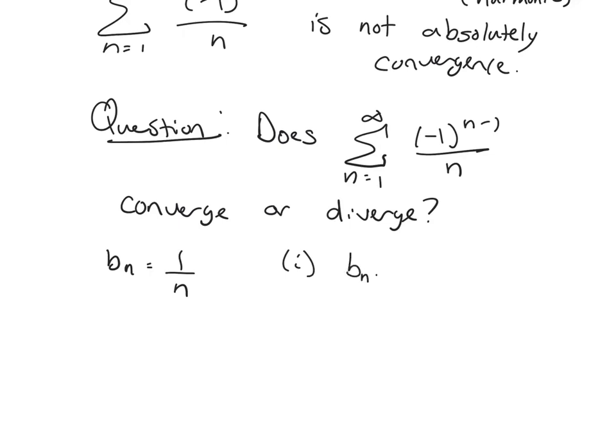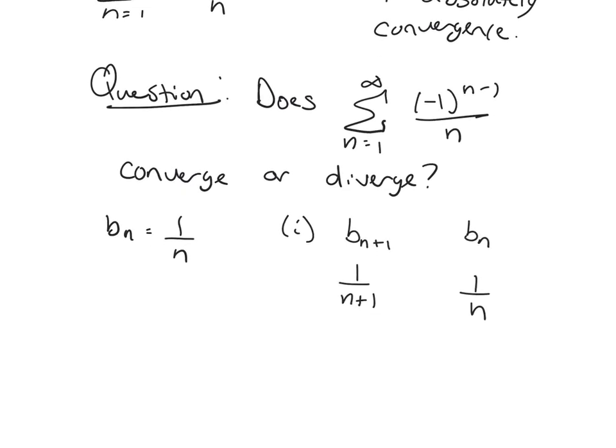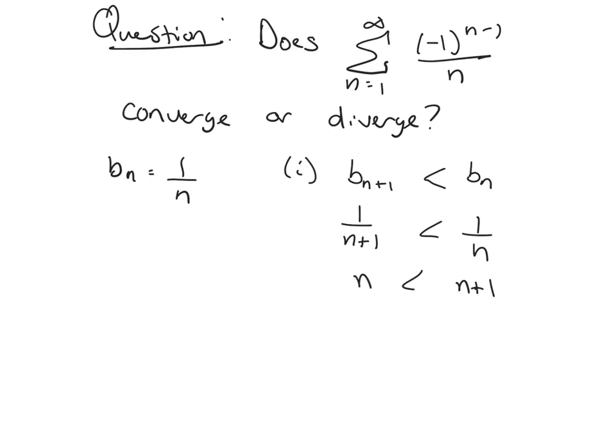So I'm going to compare b_(n+1) to b_n. I think we actually did this one last time, but we'll do it again. Which one of these is bigger? If you need to cross multiply to figure out which one is bigger, the 1 over n. Exactly. So I have a decreasing sequence of b_n's.